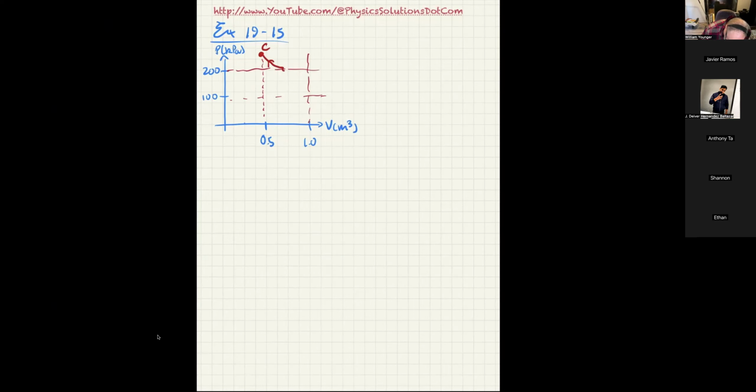The arrow goes that way, so I'm actually ending there, and then I'm actually starting here. Those are our points. And this line right here is an adiabat. That's what you call the line on a PV diagram that corresponds to an adiabatic process. You call it an adiabat, and you call this one an isotherm.